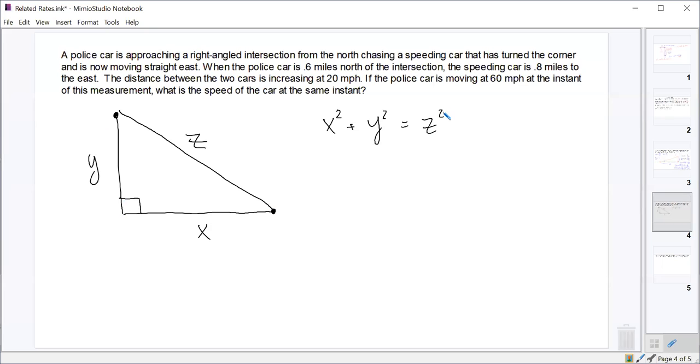So at the moment that we're interested in, what is y? 0.6. What about the moment that we're interested in, what's x? 0.8, okay. And how fast is the speeding car going? What is its rate of change with respect to time? That's dx dt.